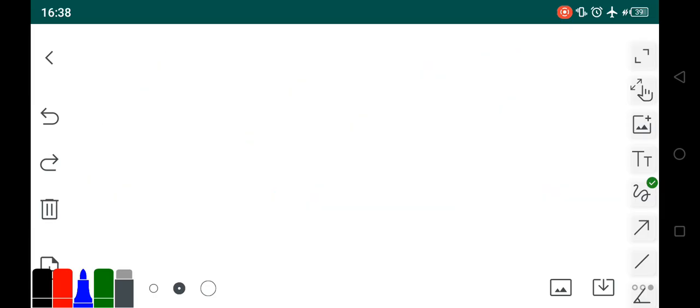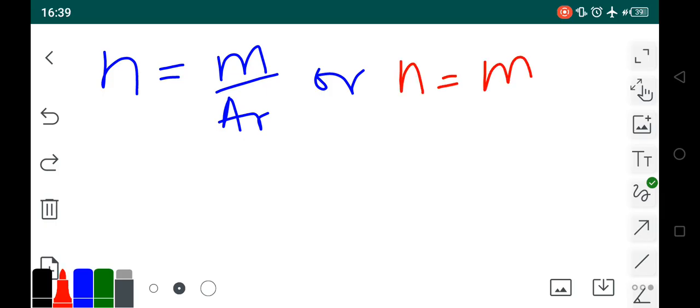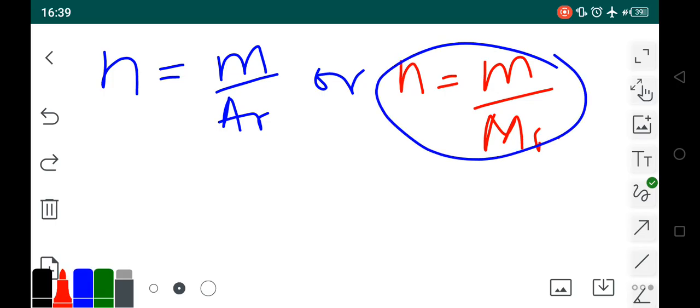Therefore, number of moles equals mass over Ar, which will only work if I'm dealing with a single element, or number of moles equals mass given over Mr, where I'm dealing with a compound. So let us now look at just 2 examples, one for a single element and one for a compound.